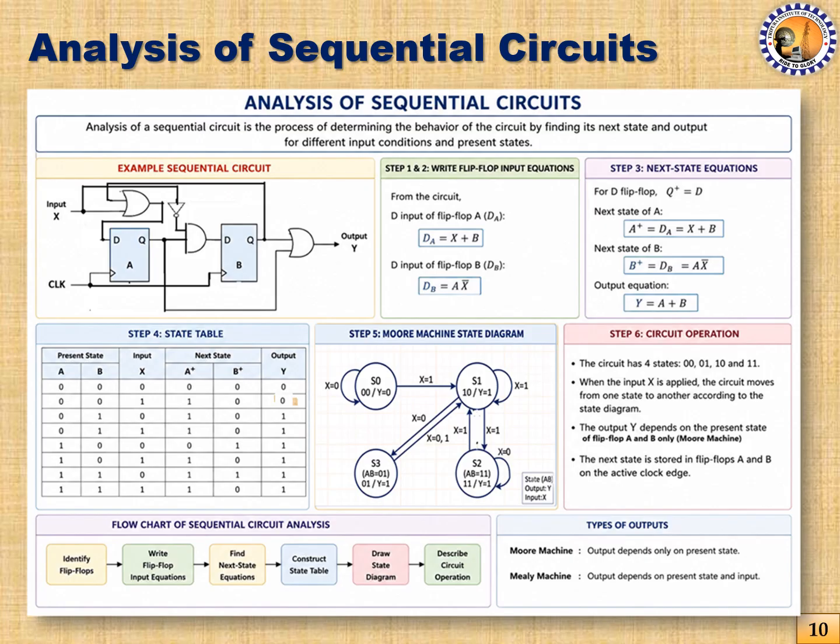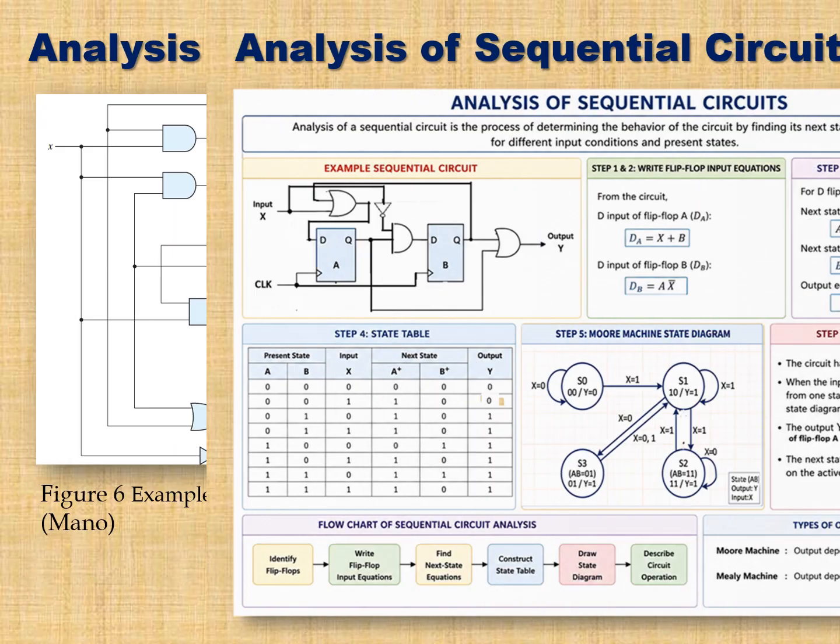Then construct the state table. In this step we have done that. Thereafter draw the state diagram. We also perform that over here, and then describe the circuit operation, where we complete this. So this is how we perform the analysis of a sequential circuit.